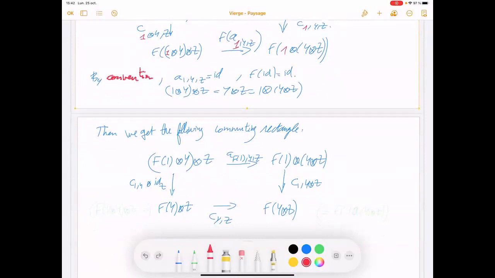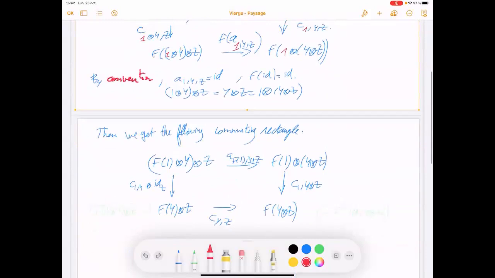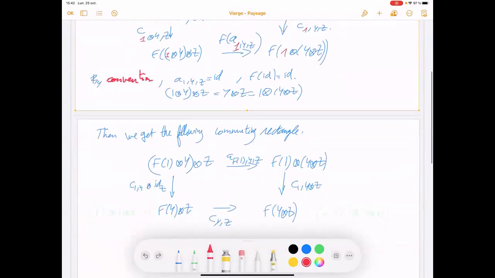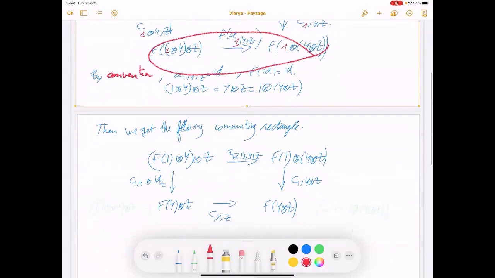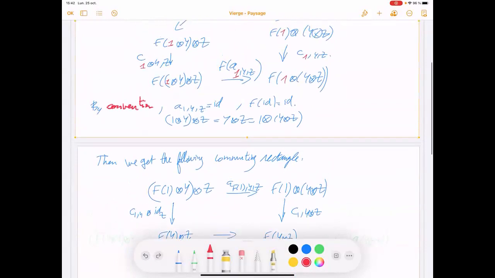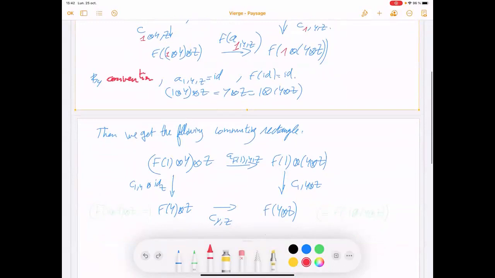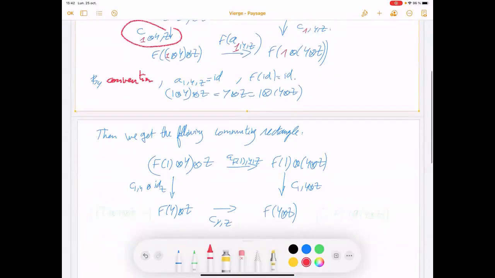So we use the convention. This was transformed into a single point here, and then this is this.